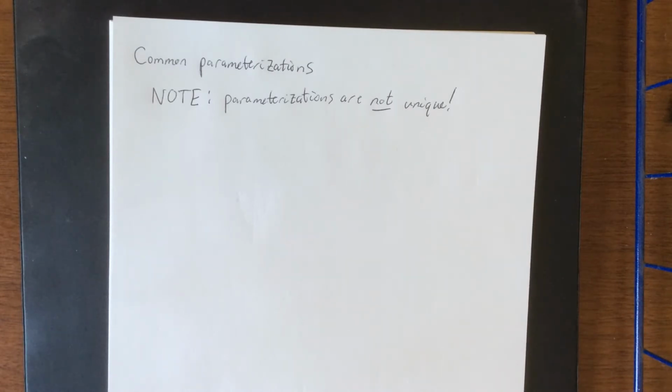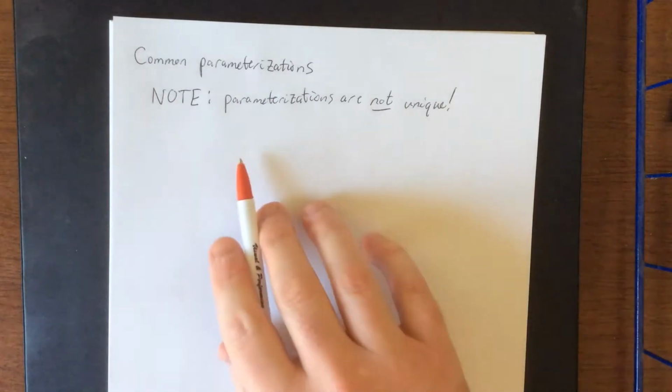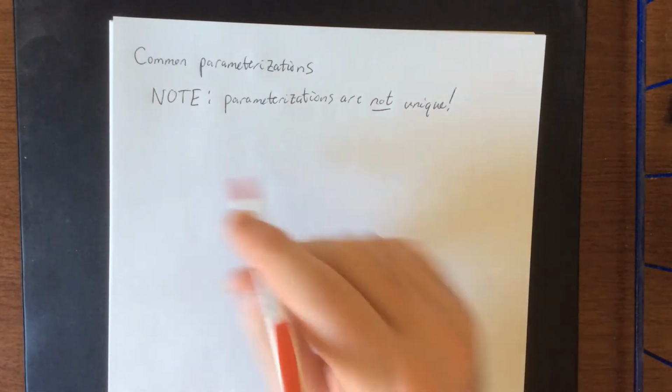mean that this is the only way to do these things. There are lots of different ways. In fact, I would dare say that most things that can be parameterized can be done so in an infinite number of different ways. So again, these are common parameterizations, not necessarily unique.